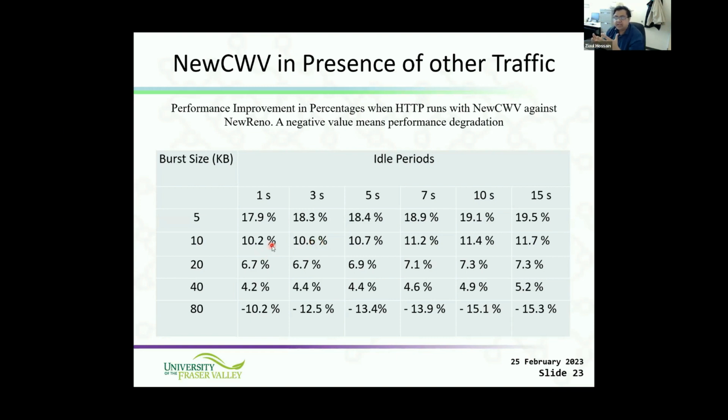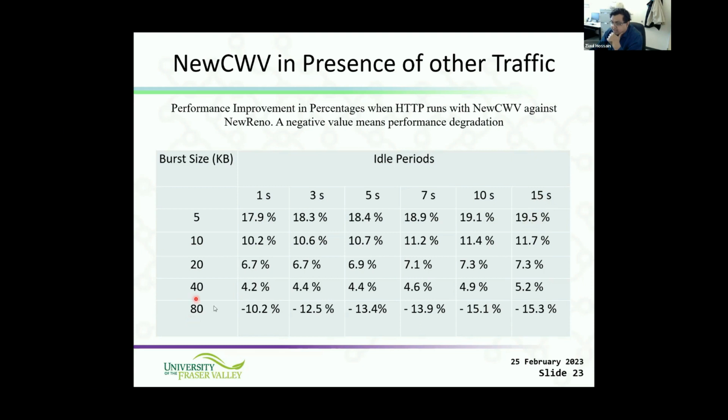Can we share our network with the other traffic? Here we can see that yes, if the burst size is small, then this is the performance improvement. For 1 second idle period, we can have 18% improvement. For 15-second idle period, it is around 20% improvement.